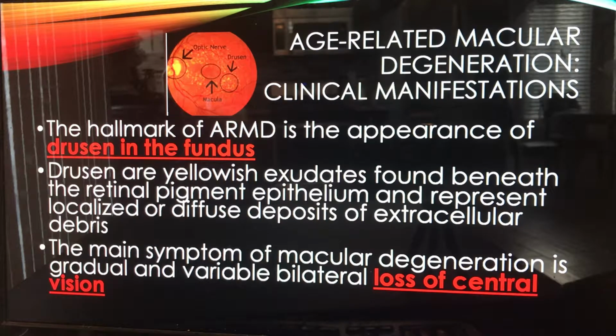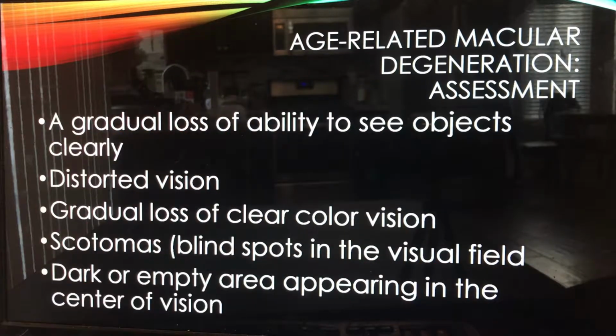The main symptom of macular degeneration is gradual and variable bilateral loss of central vision, a gradual loss of ability to see objects clearly. This is part of the assessment. You want to assess any distorted vision, gradual loss of clear color vision, and scotomas, which are blind spots in the visual field, or a dark or empty area appearing in the center of vision.